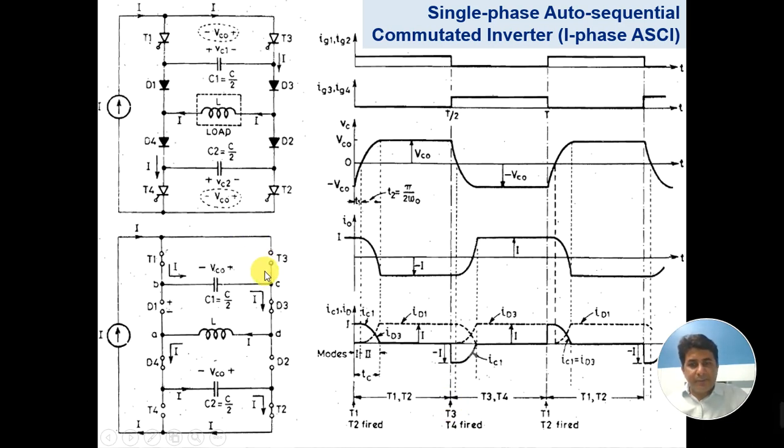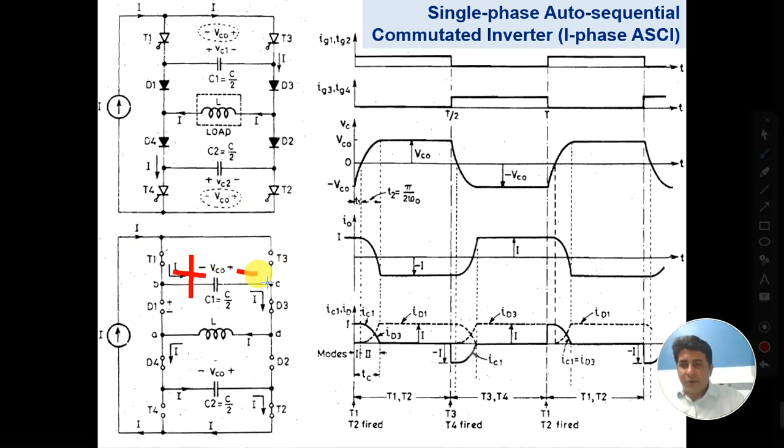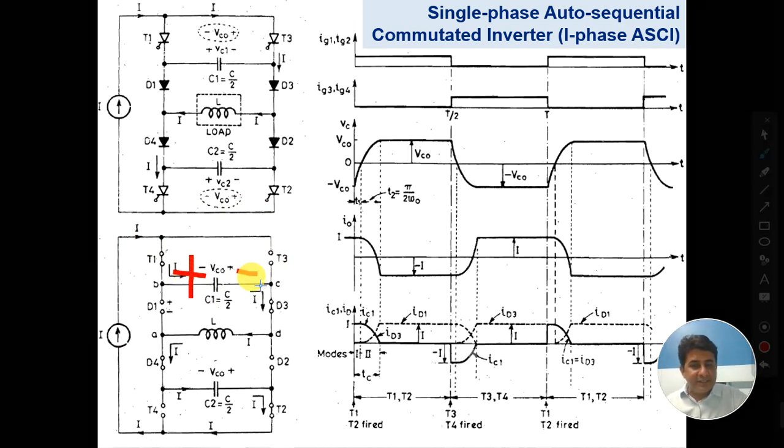When a firing pulse is given to T3, immediately this current gets transferred to T3. Why? Because the capacitor at this condition is positive at this side and negative at this side. Because this is positive, T1 is already receiving a negative bias from it, making it reverse biased.